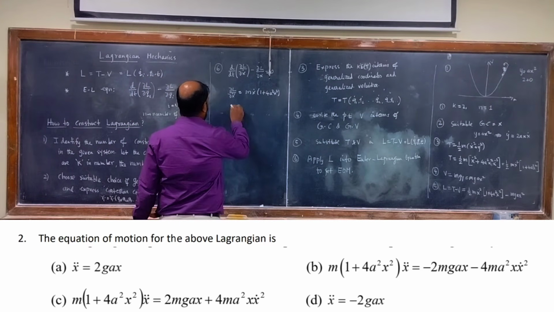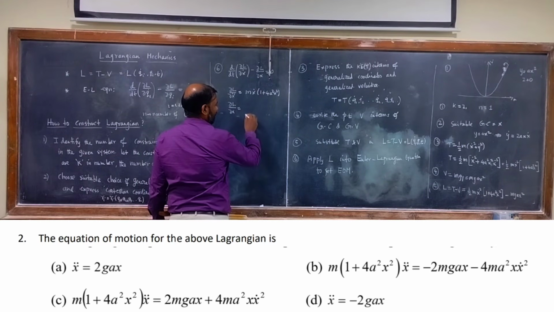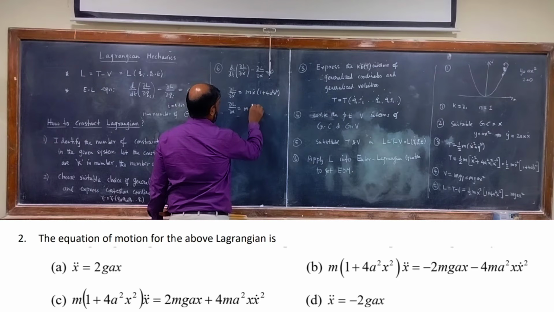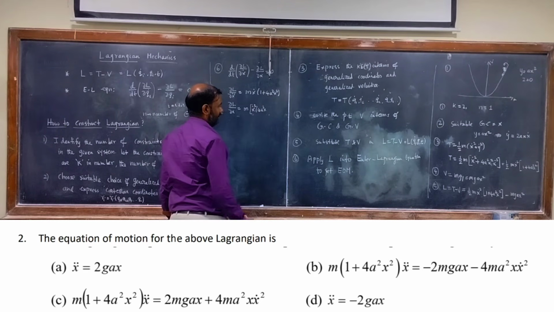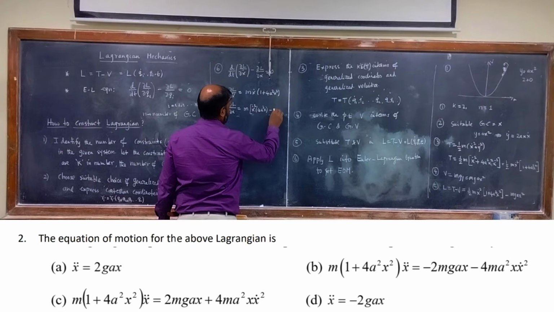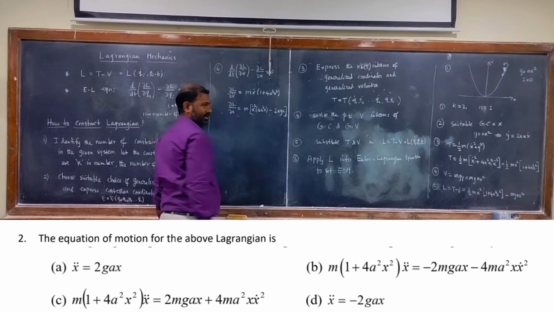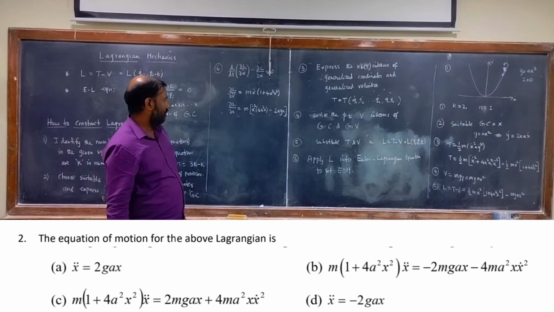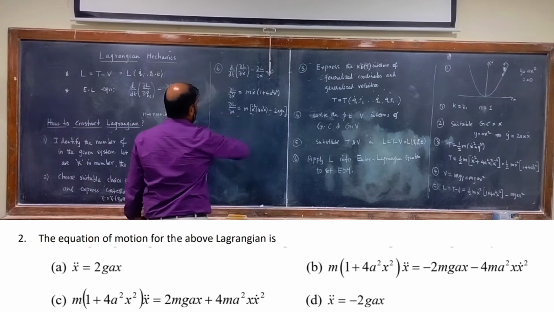Then what about dou L by dou x? m x dot square 4 a square x, minus g into 2 a x. Correct? Am I correct? Good. Okay, now what is d by dt of dou L by dou x dot?